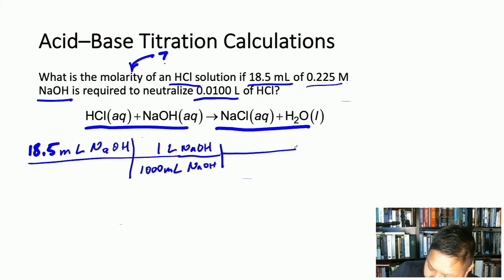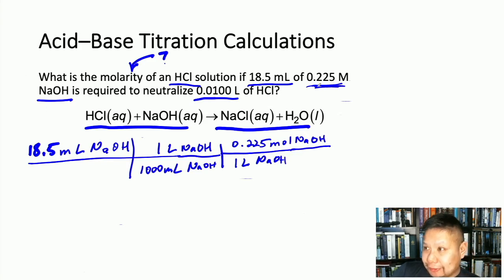So for every 1 liter of sodium hydroxide, I have 0.225 moles of sodium hydroxide. I do that so that I can relate this concentration of sodium hydroxide to the volume I have.